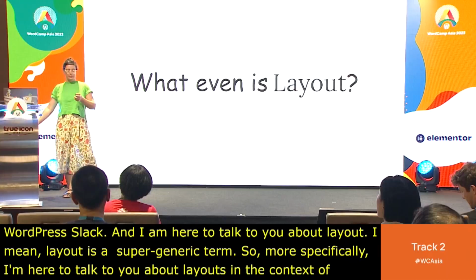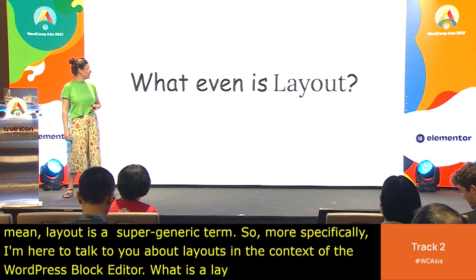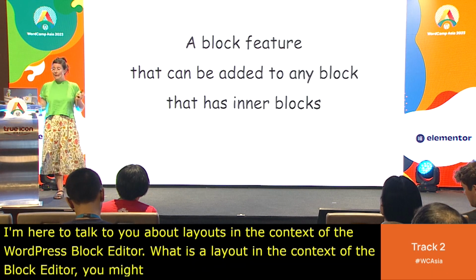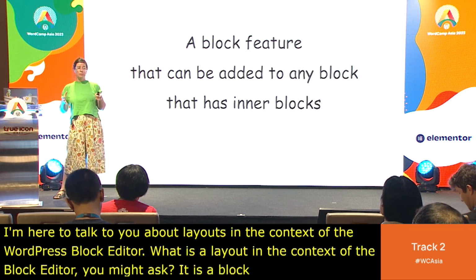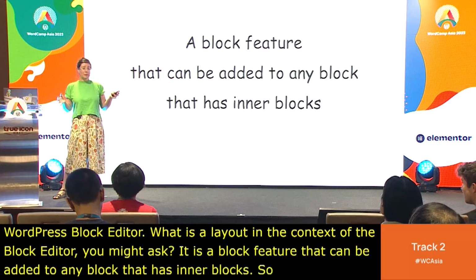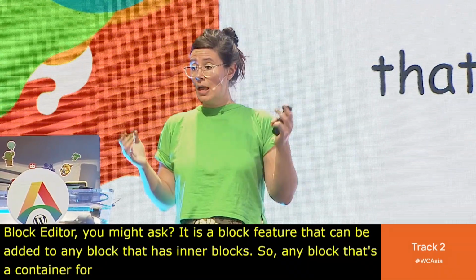What is a layout in the context of the block editor, you might ask? It is a block feature that can be added to any block that has inner blocks. So any block that's a container for other blocks can potentially have layout.